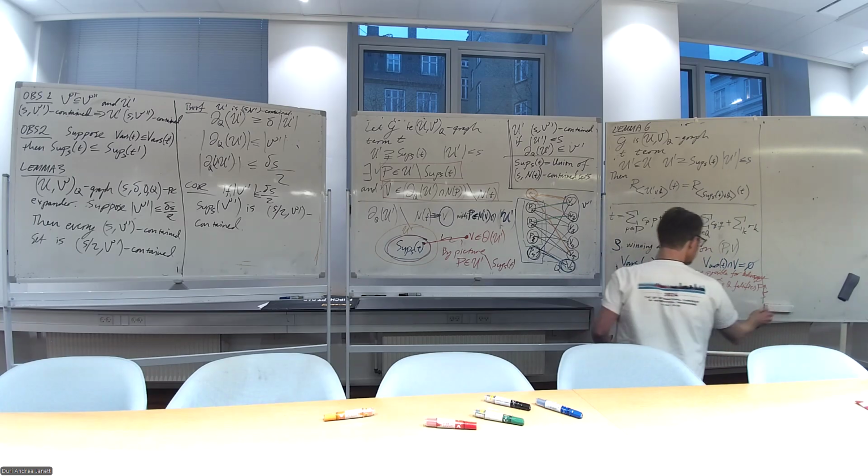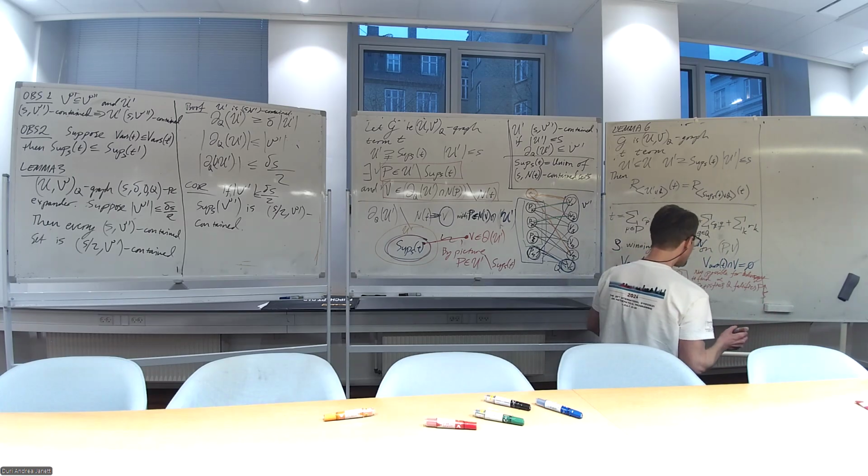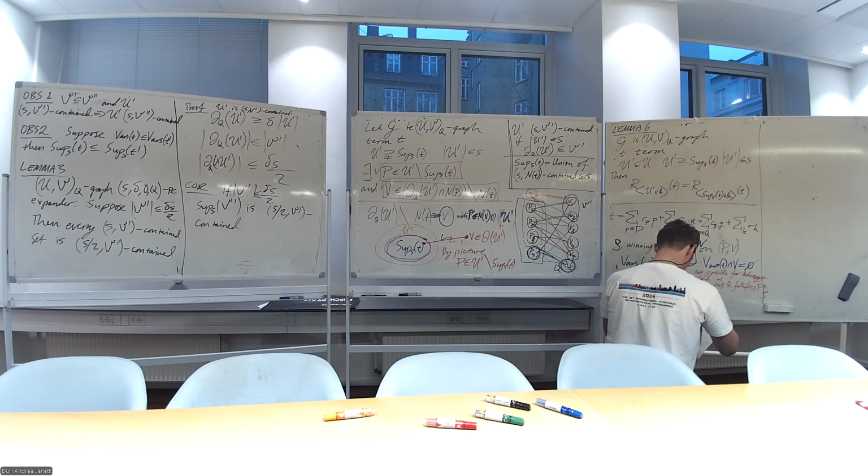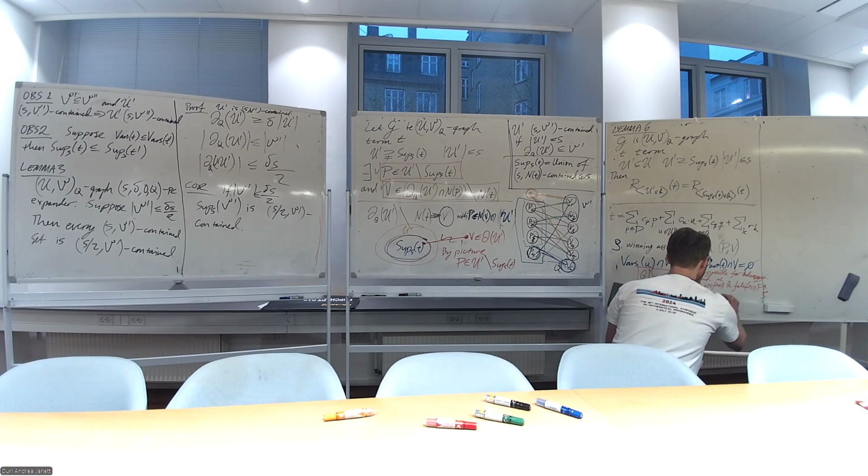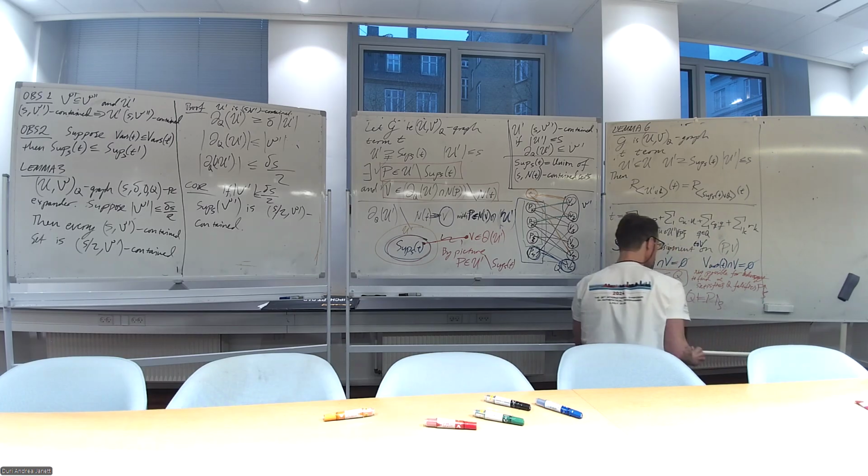Right? So, phrased in another way, Q implies P restricted by rho.